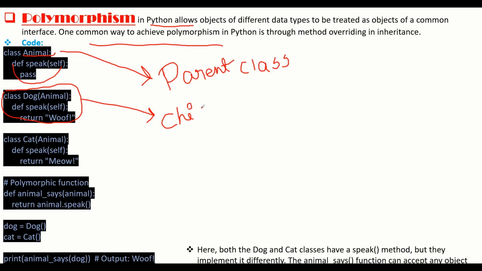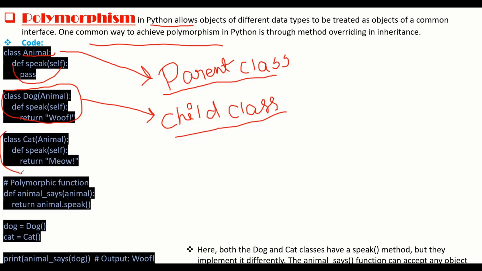So this is the child class. What is the spelling of child, guys? C-H-I-L-D, and class. So now we understand what is parent and what is child.